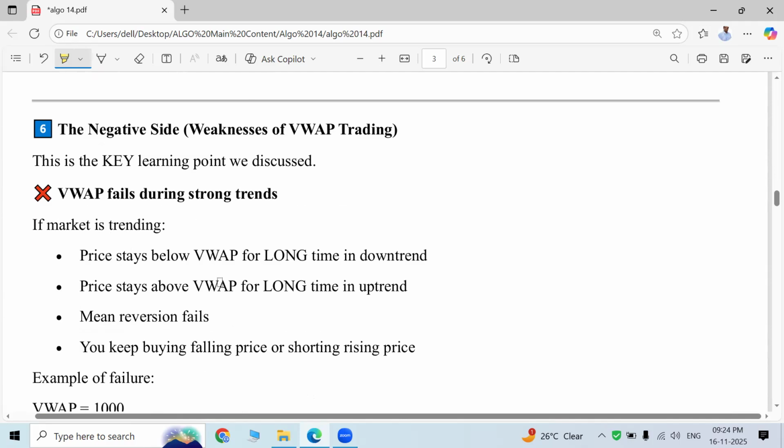If you are using only VWAP and you go long when the price is below VWAP, and it is continuously falling, then you might have a lot of loss, because the algo takes a long position whenever the price is below VWAP.